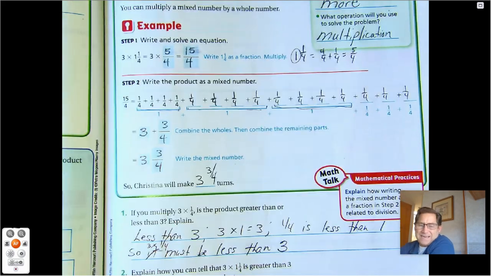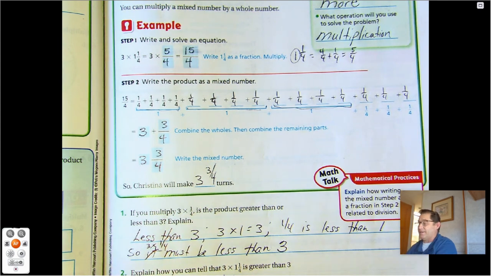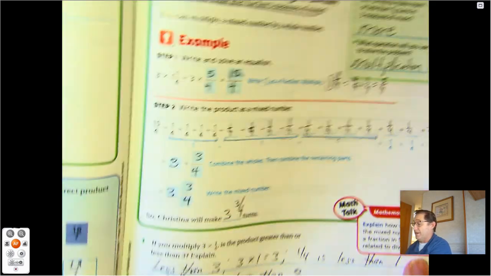All right, so it's got to be less than 3. 3 times 1 is 3. 1/4 is less than 1. So we're not multiplying 3 times 1. So 3 times 1/4 must be less than 3. In fact, it's 3/4, right?